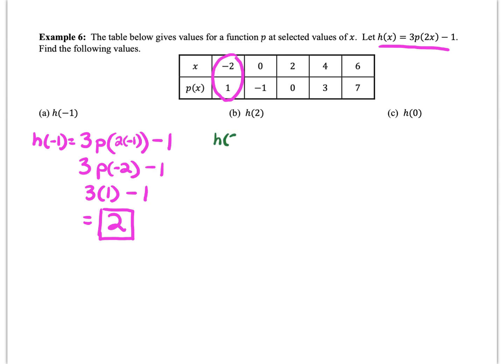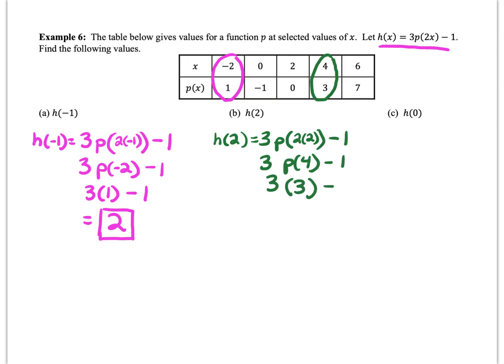For h of 2, we'll take 3p of 2x, so that's 2 times 2, and then minus 1. We want 3 times p of 4, subtract 1. You can find p of 4 from the table and see that's 3. So 3 times 3, subtract 1, would give us 9 minus 1, which is 8.